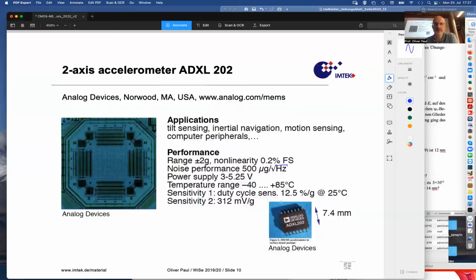And then different modes of sensing, duty cycle sensing, or this kind of sensing where one senses the voltage of the central electrode, and that's 312 millivolts per g.